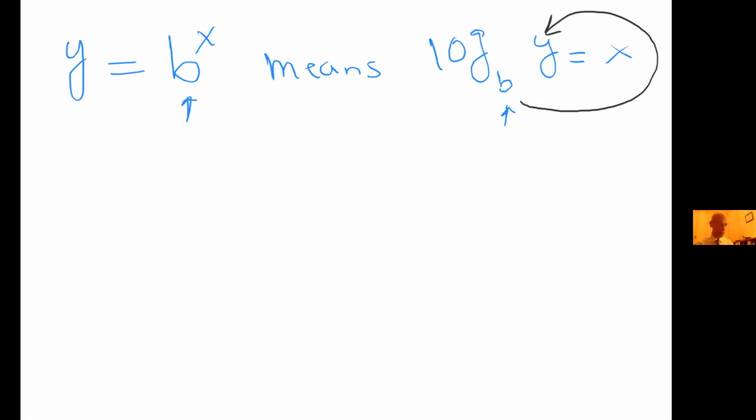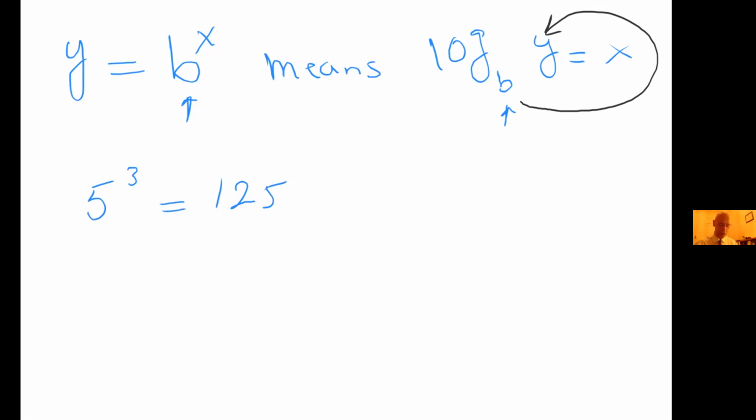Now let's practice this just a little bit, going back and forth between logarithm and exponential. Let's start with some exponential. We know that 5 to the power of 3, or 5 cubed, equals 125. 5 times 5 times 5 is 125.